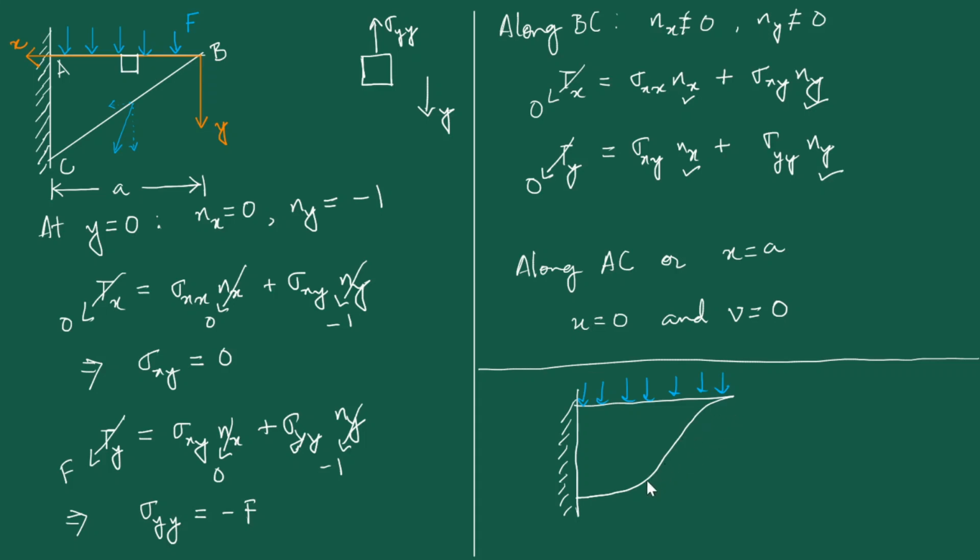So as we move along this curved line, the values of nx and ny are going to change, unlike this BC here, where nx and ny were constant. Along this curved edge, the nx and ny values will be known if you know the equation of this curved line, but these values are not constant. This is very important.